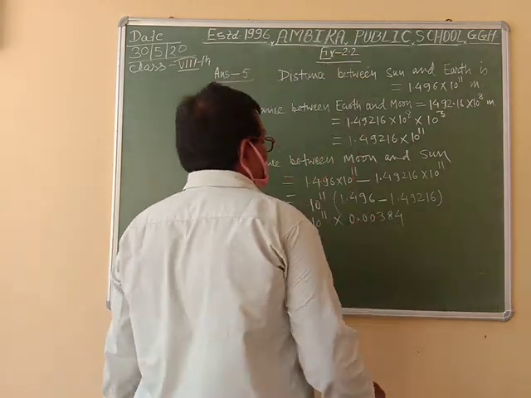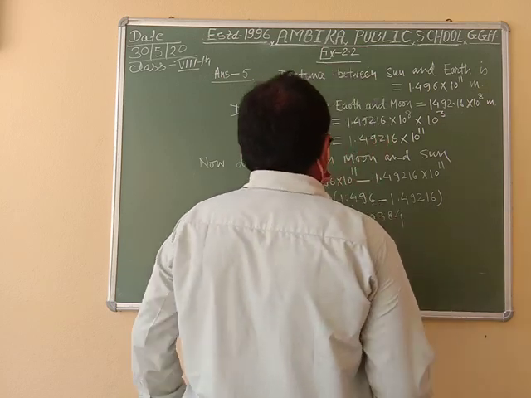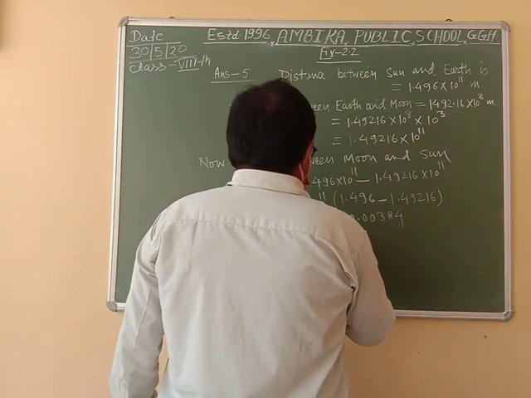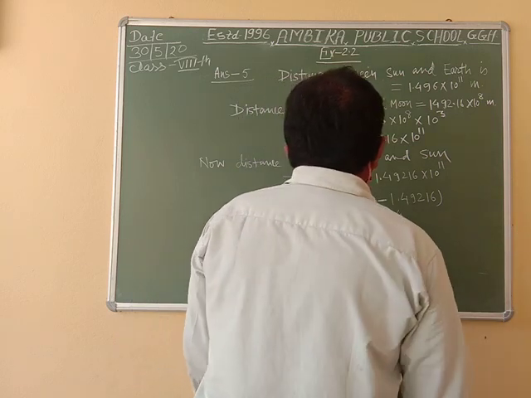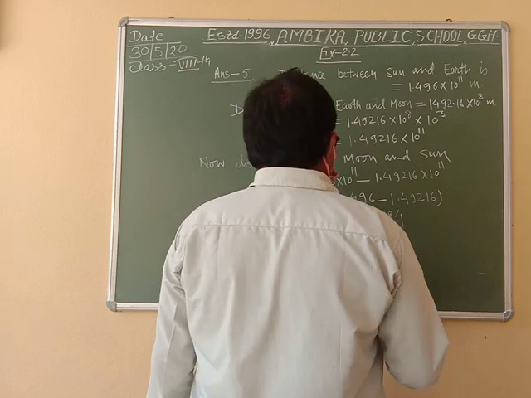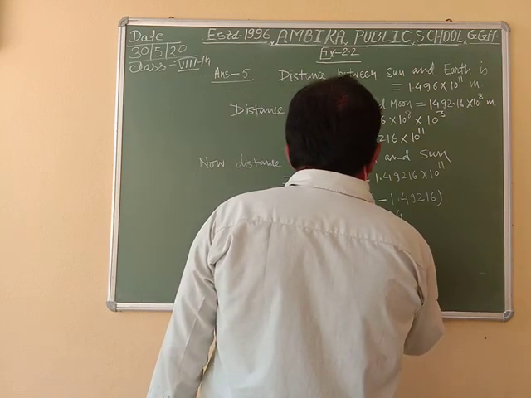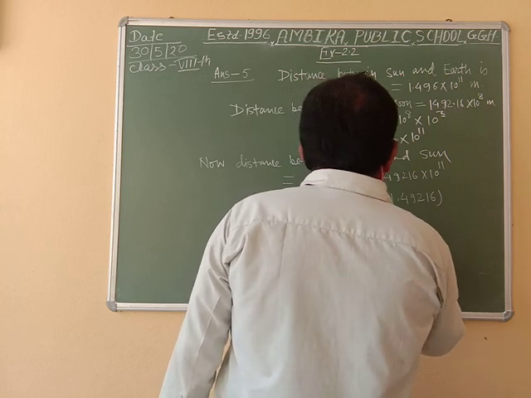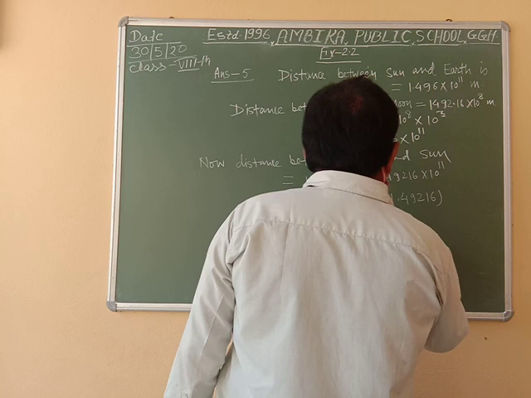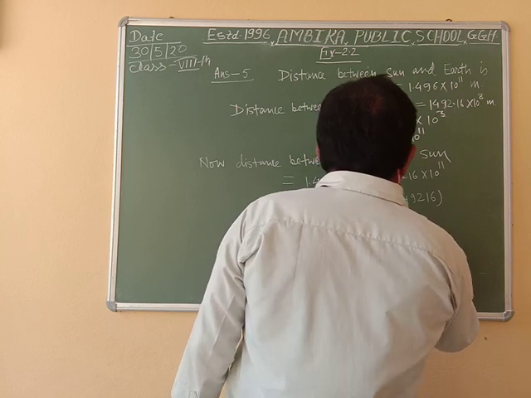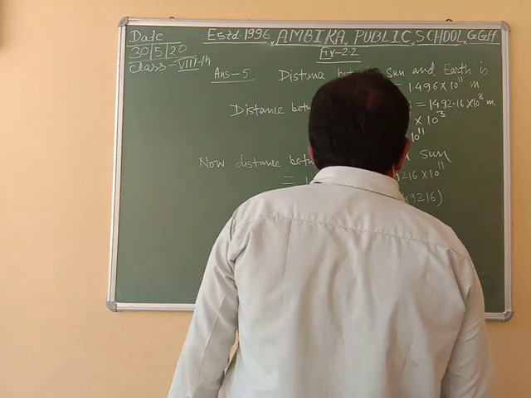Here, to change to standard form, we shift decimal 3 places right, 3.84 into 10 to the power minus 3, because 10 to the power minus 3.